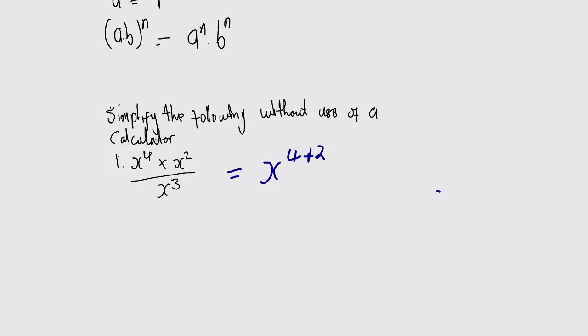Now I also have another base below, and I have to subtract. So I'm just going to say minus 3. But if you put it like this, because of the BODMAS rule, you might not get the correct answer. So don't forget this rule.